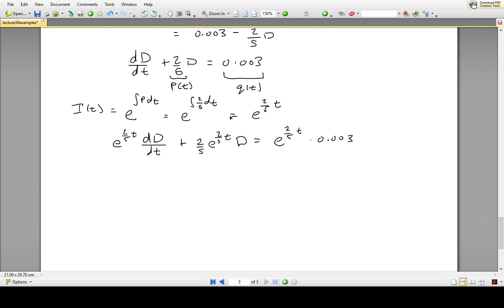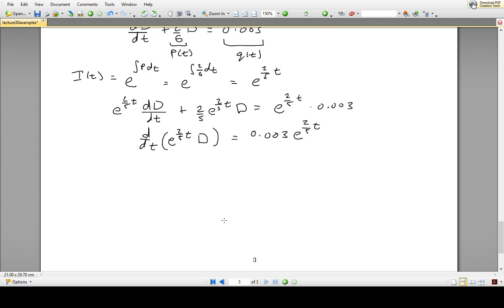The reason I multiply everything by an integrating factor is because now the left-hand side becomes a product rule, only kind of in reverse. I repack the product rule, and the left-hand side is actually the derivative of e to the 2/5 t times the unknown function d. The right-hand side is 0.003 e to the 2/5 t.